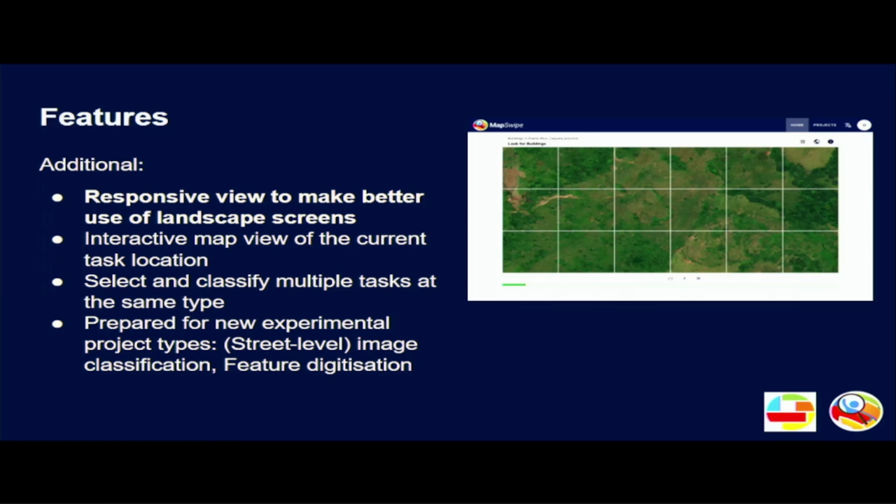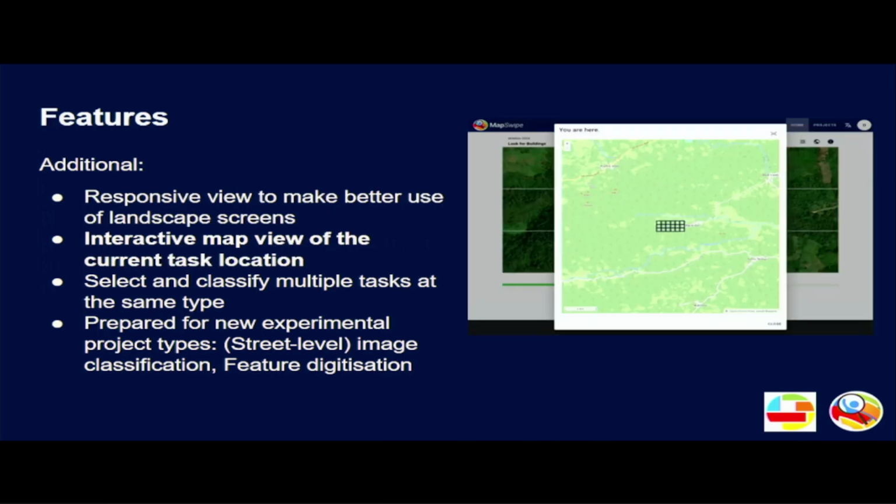What you had previously on the mobile phone was only the 6 tiles on the left. But now with the web version, someone can access multiple tiles that they can verify at the same time. It's responsive to make better use of landscape screens.